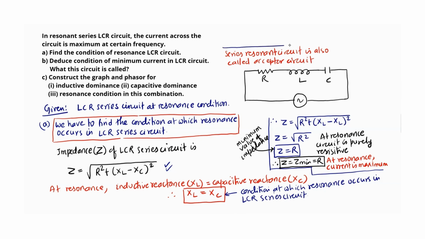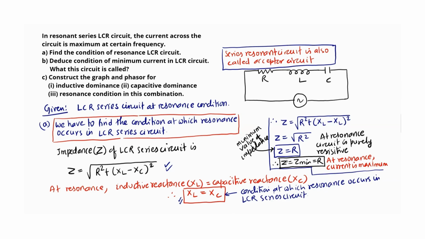So we need to note this. Clear? So what conclusion can we draw? At resonance, we have inductive reactance equals capacitive reactance, impedance is minimum, and the circuit is purely resistive. And at resonance, the current is maximum.